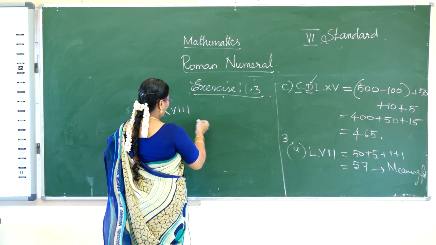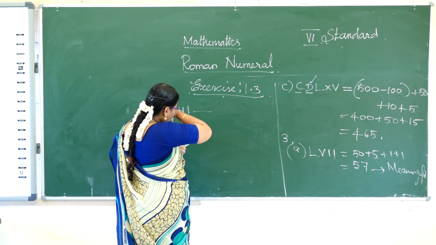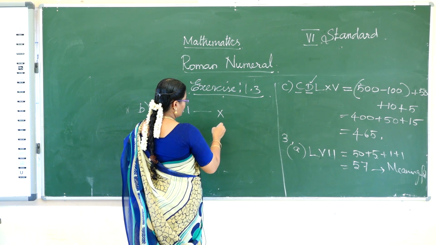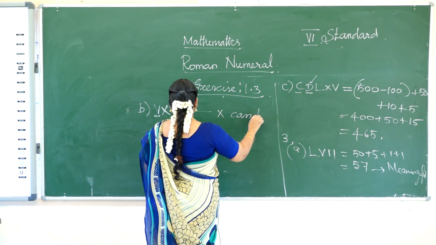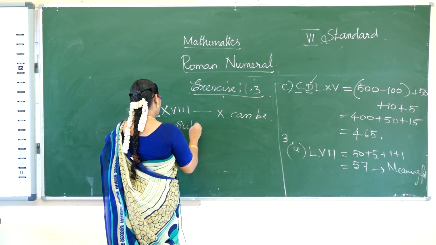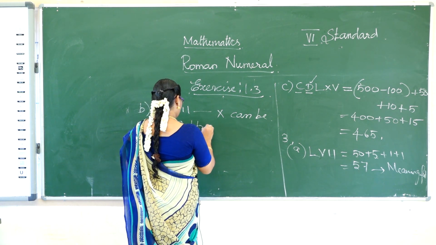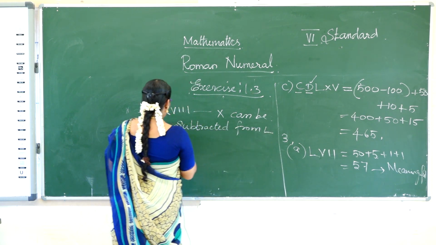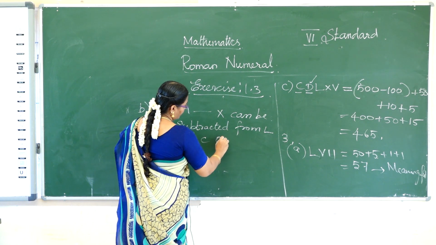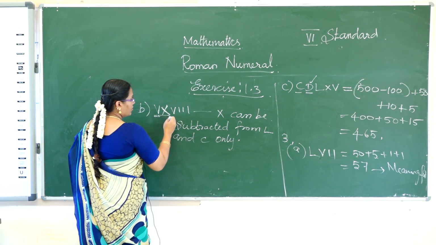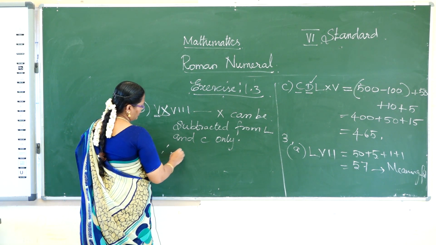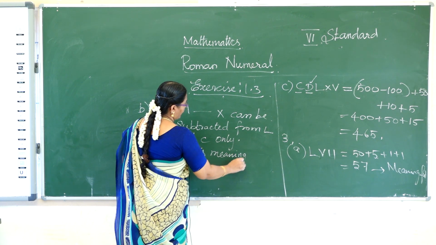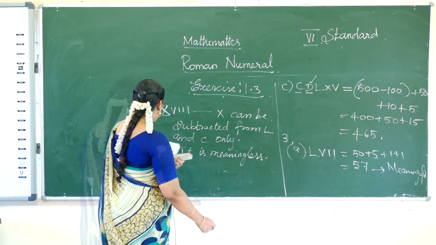So write the reason here, and it's meaningless. Write in this place rule number 2: X can be subtracted from L and C only. Therefore it is meaningless.